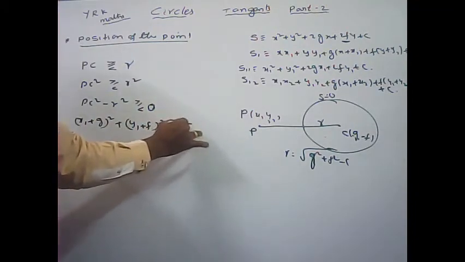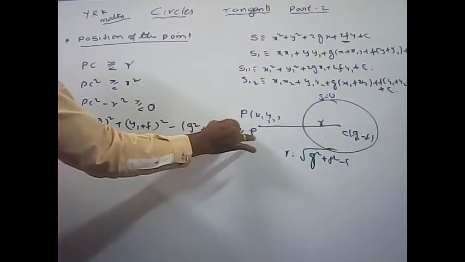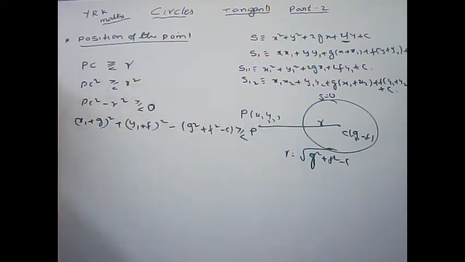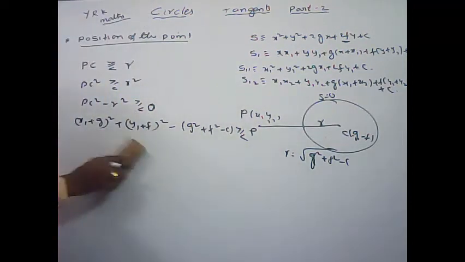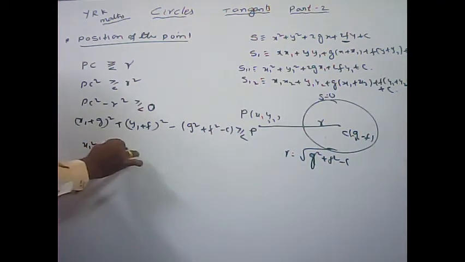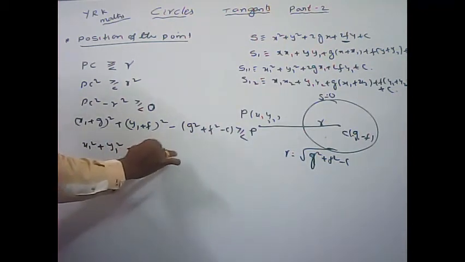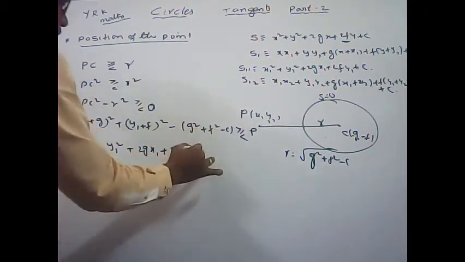So here I am writing g square plus f square minus c, more than, equal to, less than 0. If I expand this one, x1 square plus y1 square plus 2gx1 plus 2fy1 plus c only.